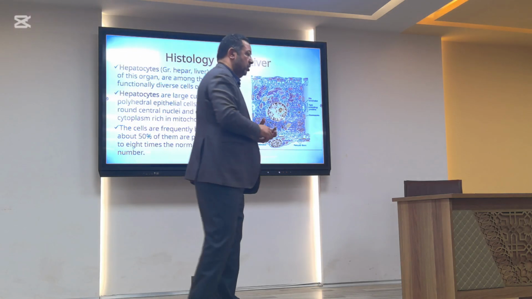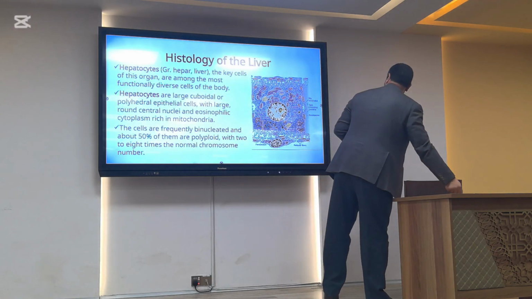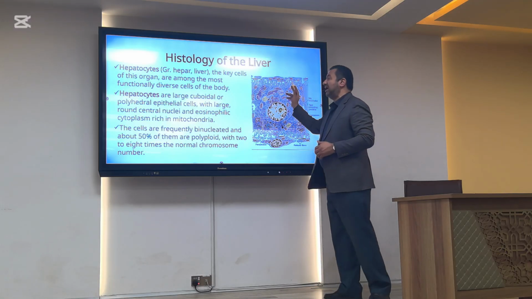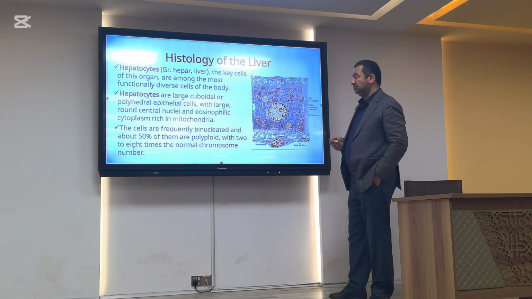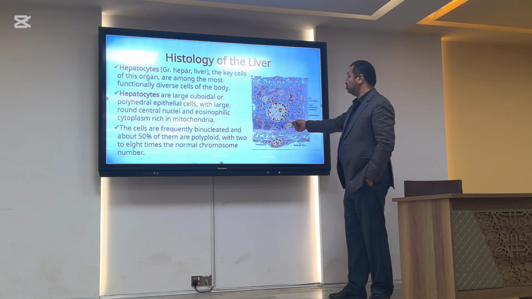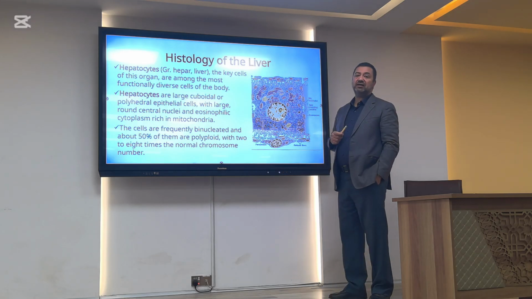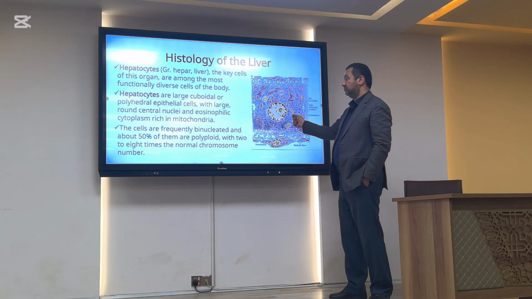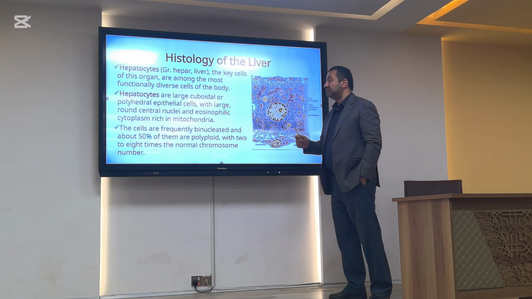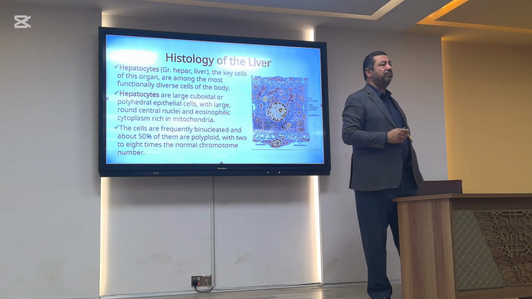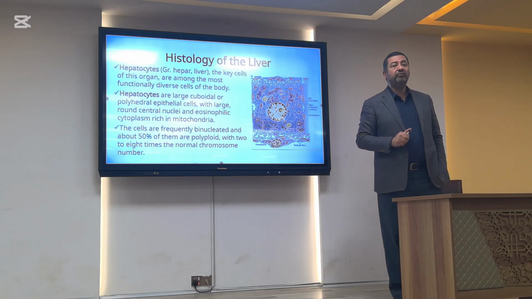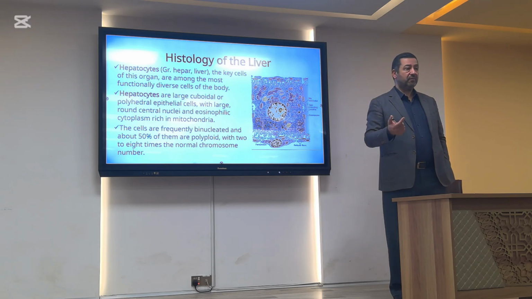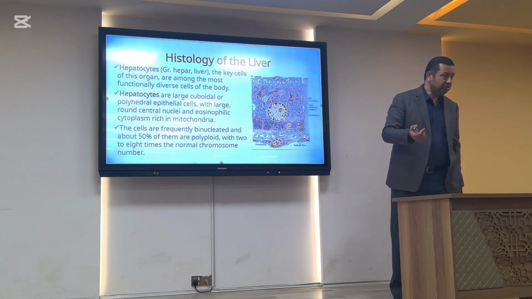Hepatocytes are large cuboidal or polyhedral epithelial cells with large, round, centrally located nuclei and eosinophilic cytoplasm. When the cytoplasm of the cell is eosinophilic, it shows this cell has abundant mitochondria.